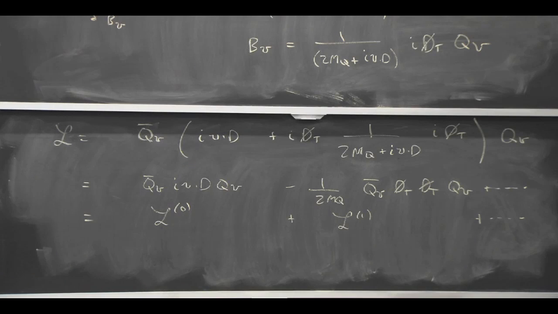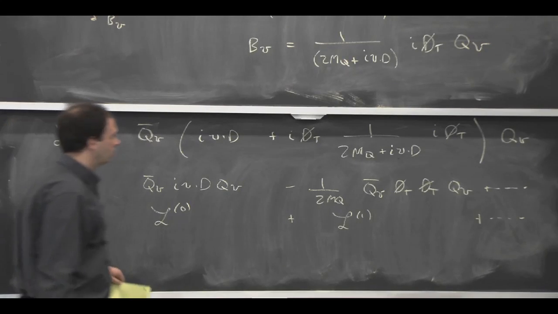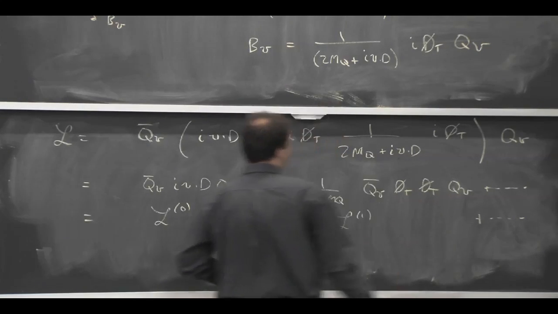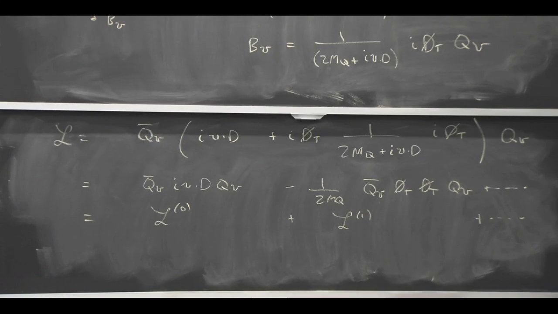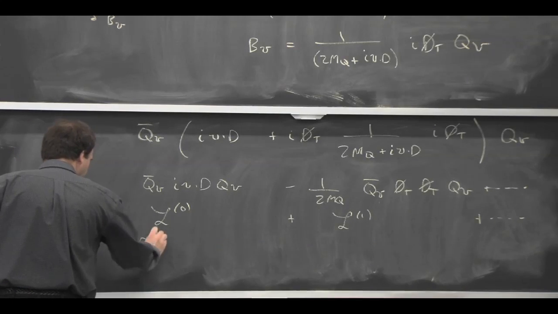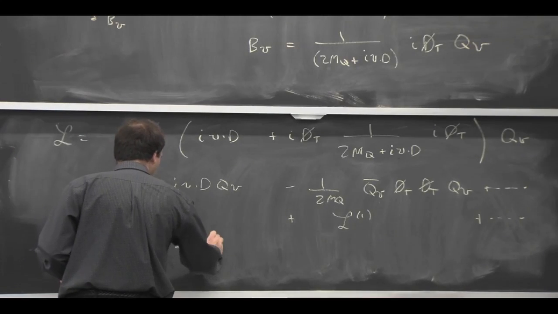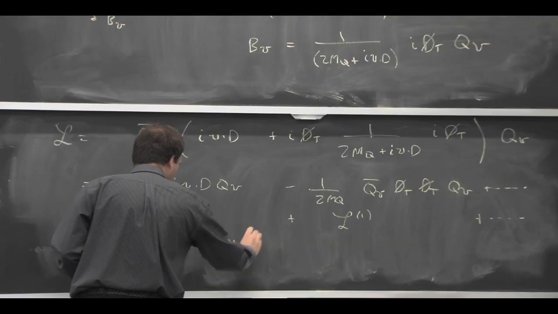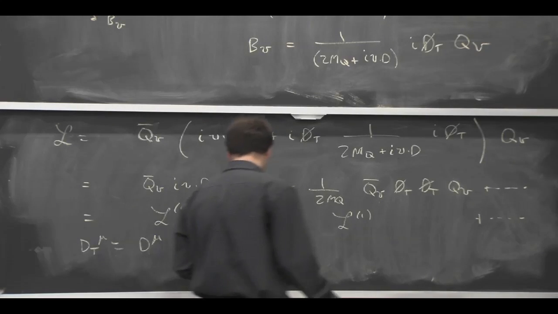So what is this guy? It's useful to write it in terms of two different things, and you'll see why momentarily. It's got two covariant derivatives, and both of them are dotted into gamma matrices. It involves this thing D transverse, which remember is the full D minus a projection onto v, so it's something that's transverse to v.